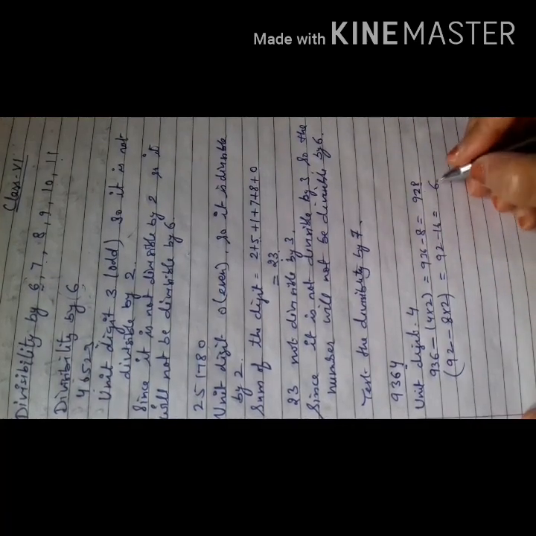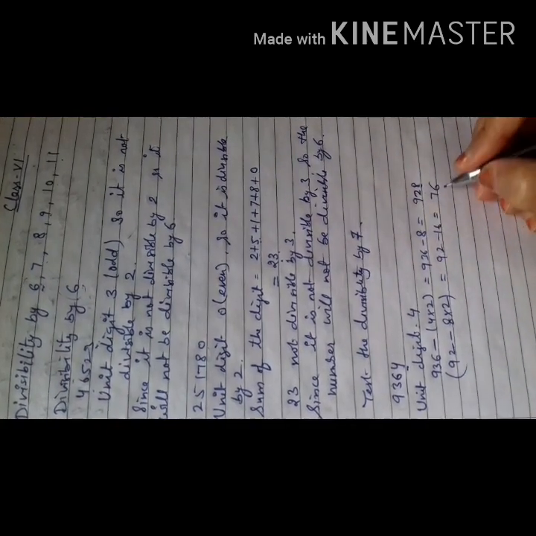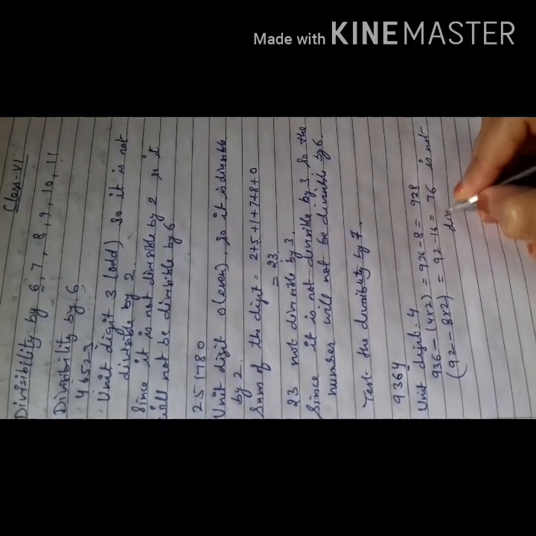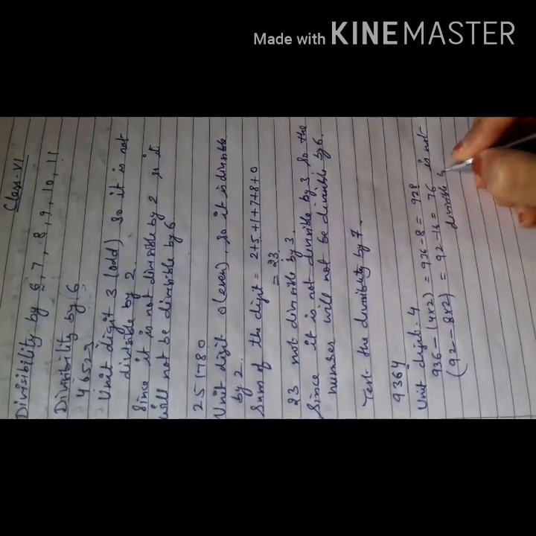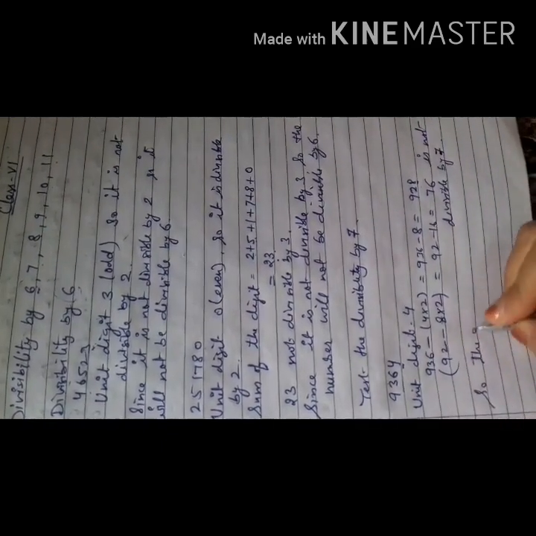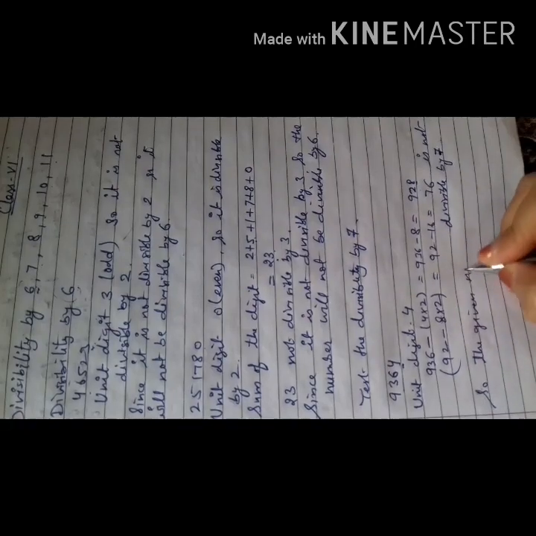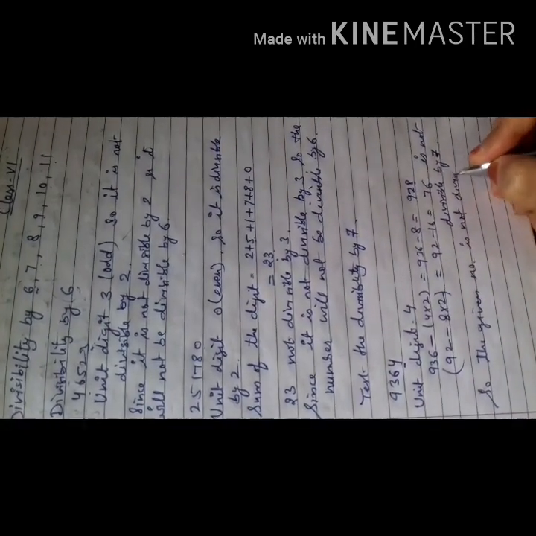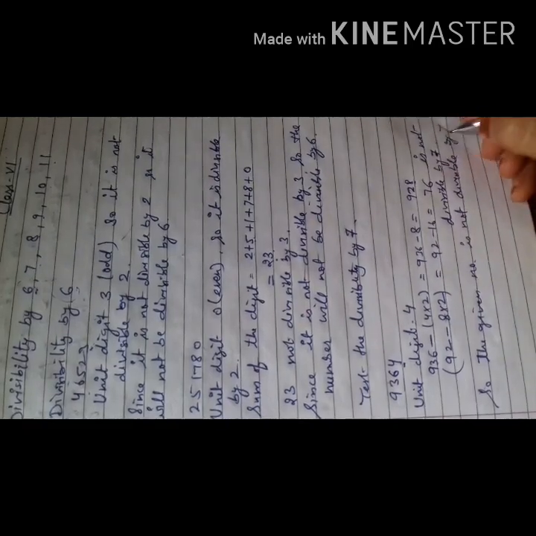We get 76. Now 76 is not divisible by 7. So the given number is not divisible by 7.